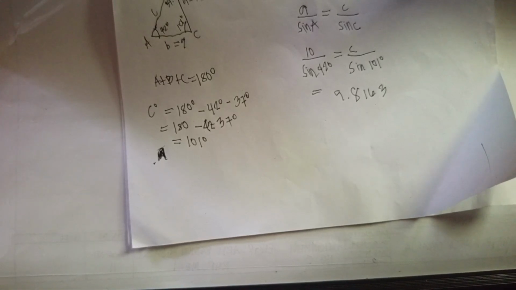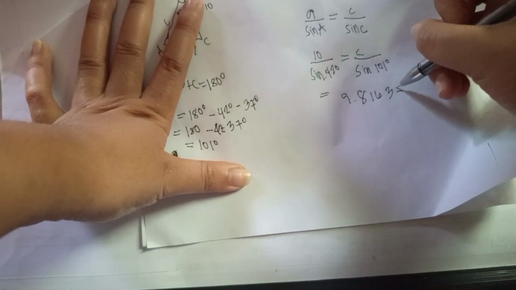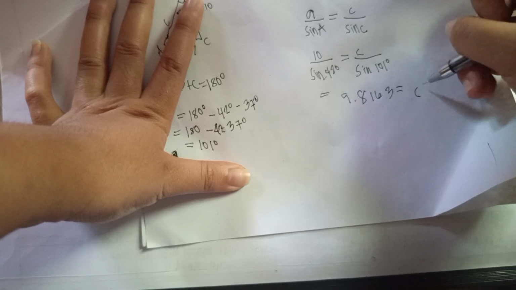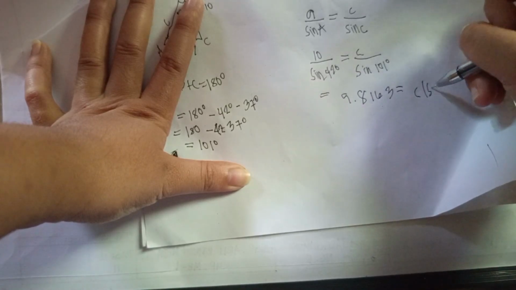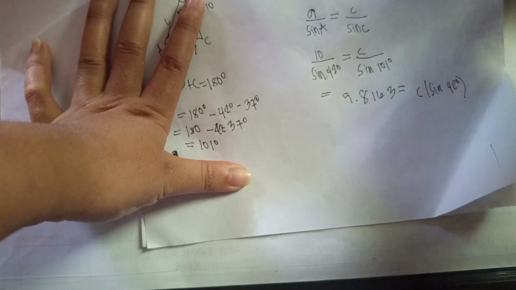So 9.8163 equals C times sine 42 degrees.